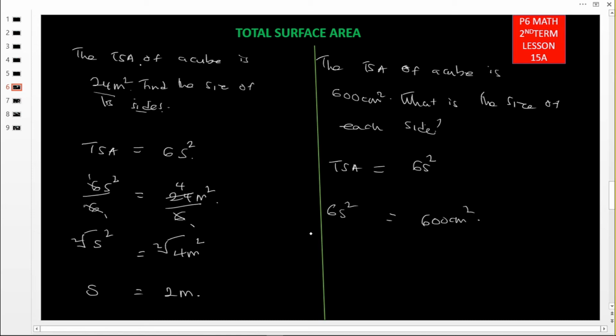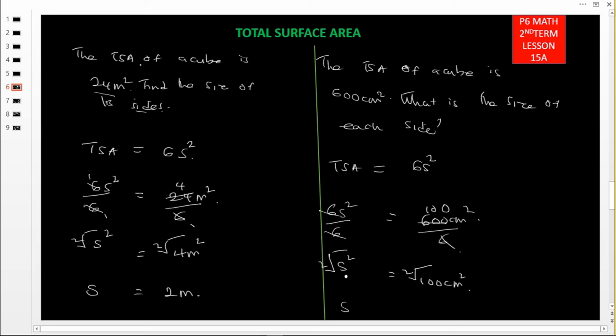Now if that is that one, so what are we going to do? We are going to divide by 6. We divide by 6, so s squared is equal to, how many 6s are in 600? That is 100. So we come up with 100 centimeters squared. So what are we getting next? The square root on both sides.